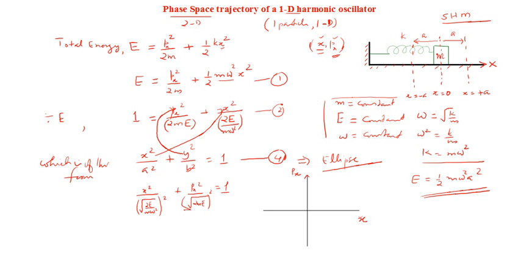Both the position and momentum can be positive and negative. This is the origin. What will the graph look like?